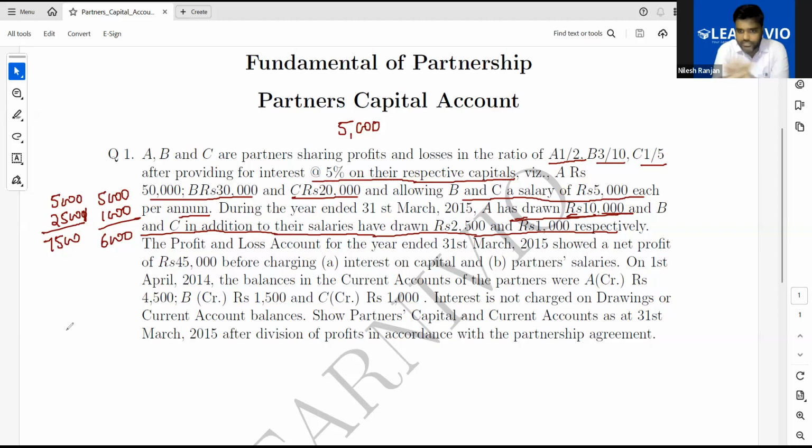So first is that they will give you the current account balance, and the second is they will tell you in the question that you have to follow fixed capital method. So these are the two indicators. Actually, one is given in the question and one is the extra.